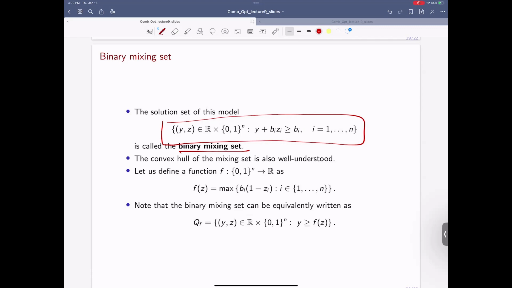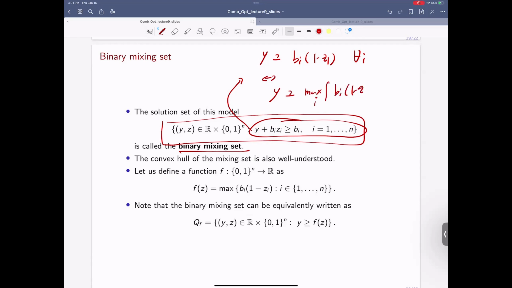Taking these inequalities, this is equivalent to y at least bi times 1 minus gi for all i. If you take the maximum of the right-hand side over all i, this is equivalent to y at least max over i of bi times 1 minus gi.